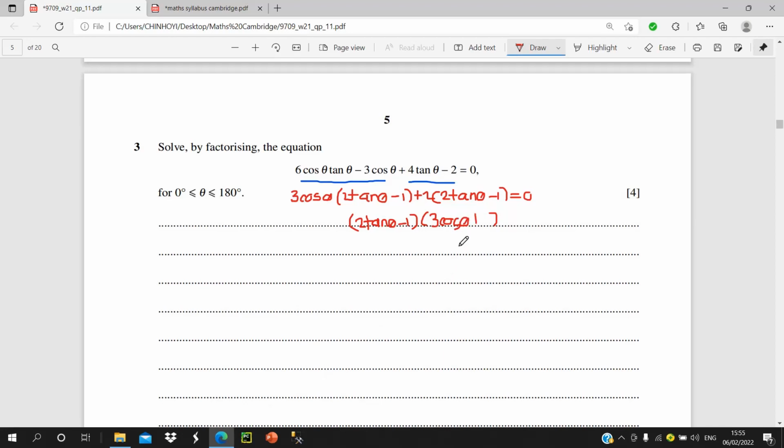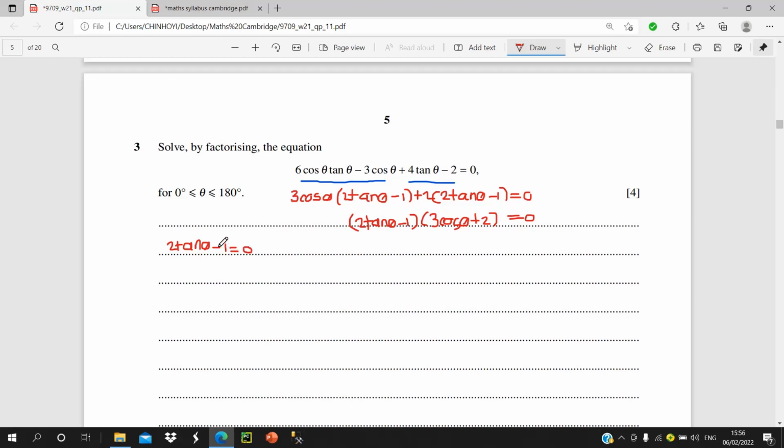Then we equate to 0. We take this bracket to 0 and this bracket to 0. Let's take the first bracket: 2 tan theta minus 1 equals 0.